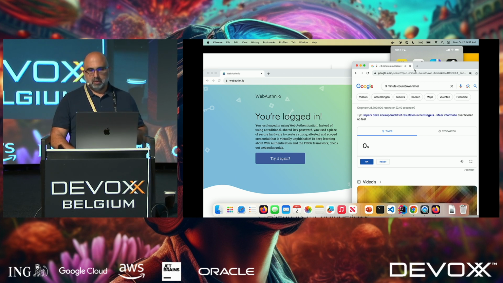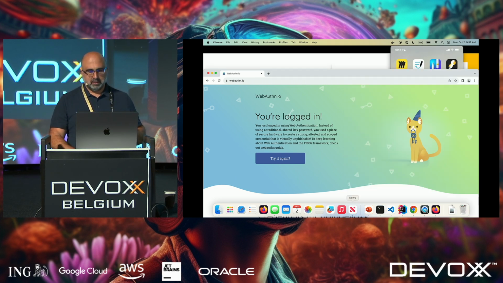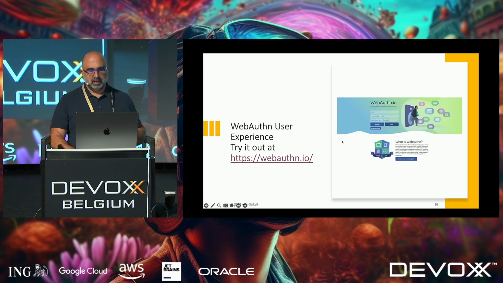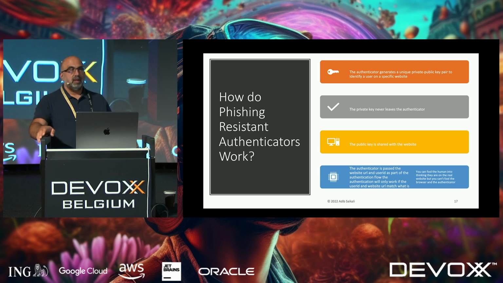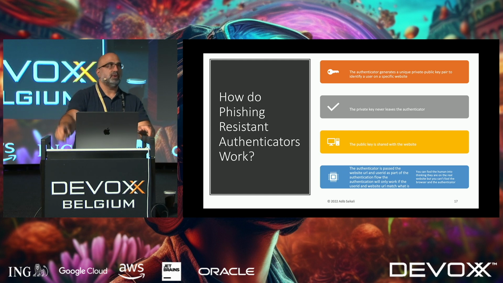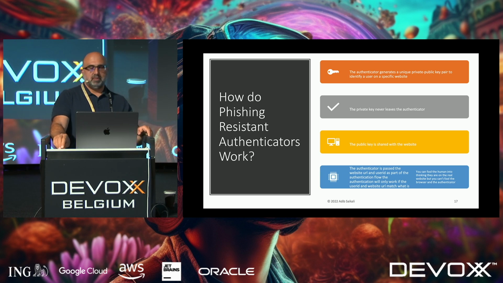All right. So since you've gotten this working and tried it out, how does this work? The authenticator, a device like this little YubiKey here, or your phone, or the T2 chip on your Mac, is going to generate a private-public cryptography key pair, where the private key never leaves the device.